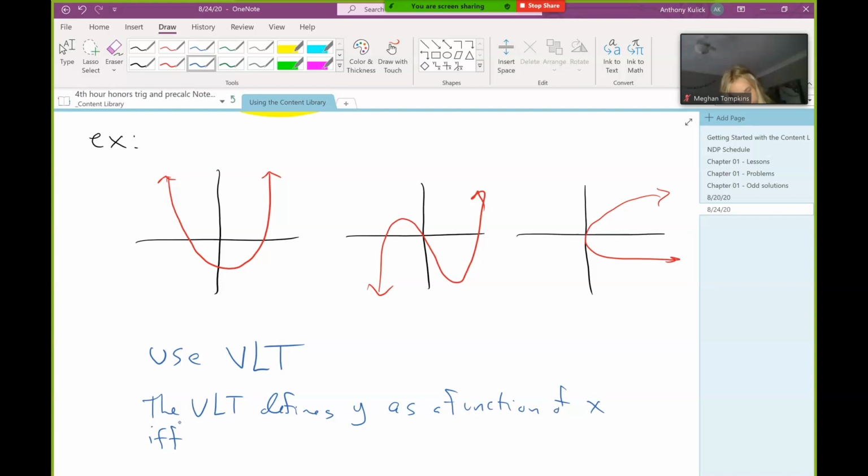Remember that if and only if statements can be read forwards and backwards, right? There is no vertical line that intersects the graph more than once.